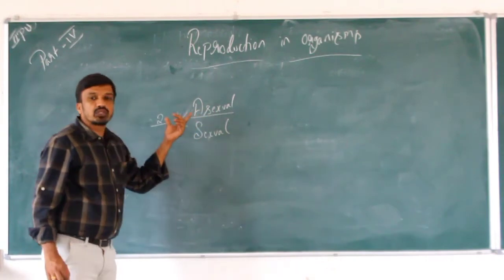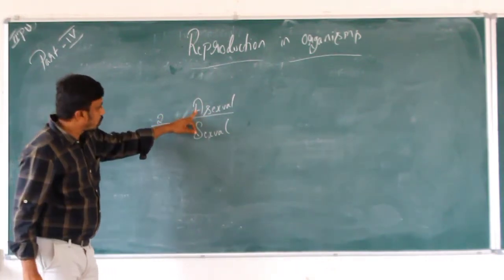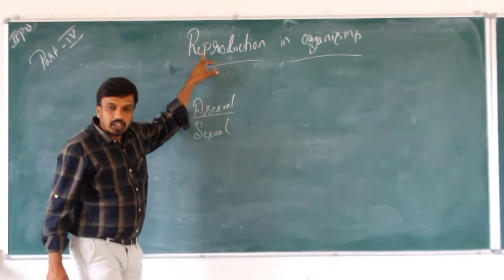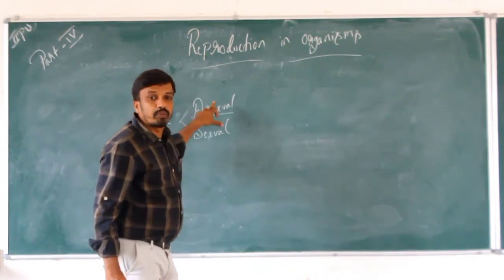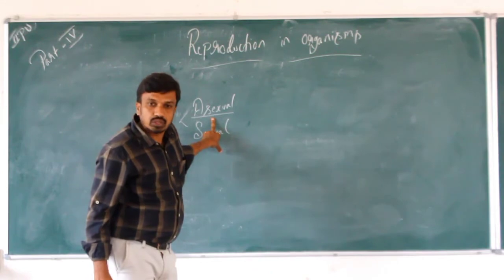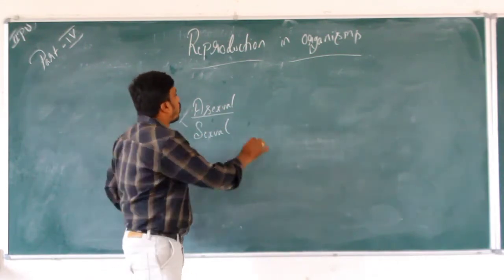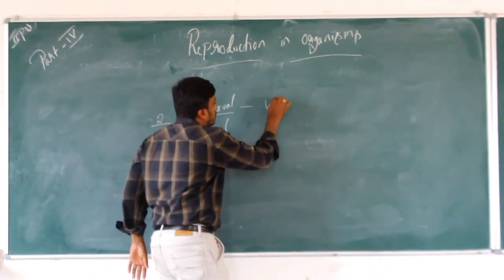So what is asexual reproduction? It is a type of reproduction in which the young ones are produced without the fusion and formation of gametes.